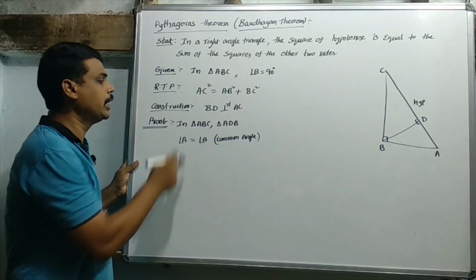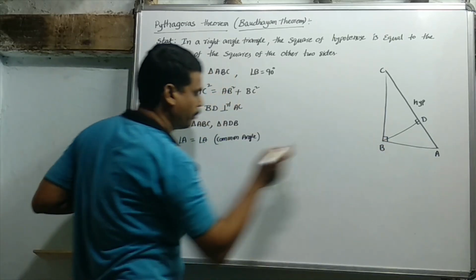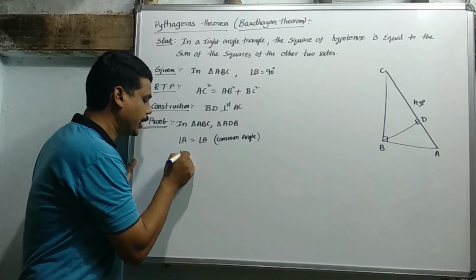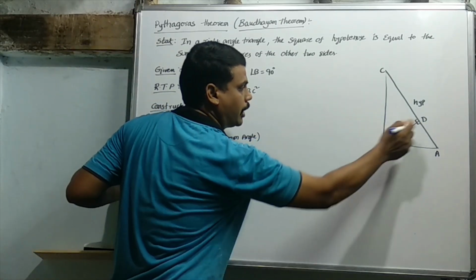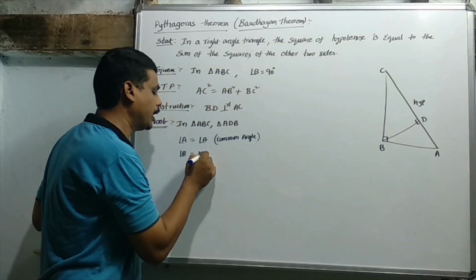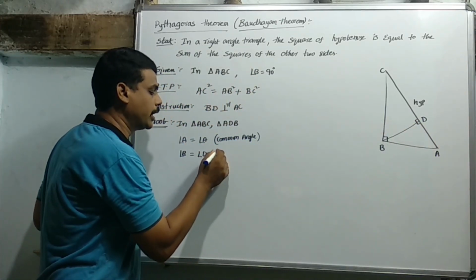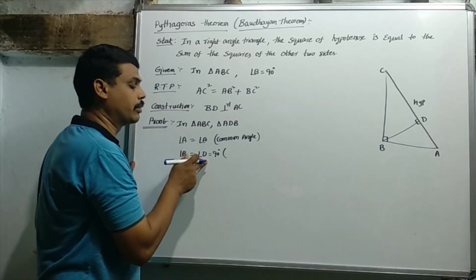And second, in triangle ABC the right angle is at B. Angle B is equal to, in triangle ADB, here also there is a right angle, angle D, which is equal to 90 degrees. One is given, another one is construction.